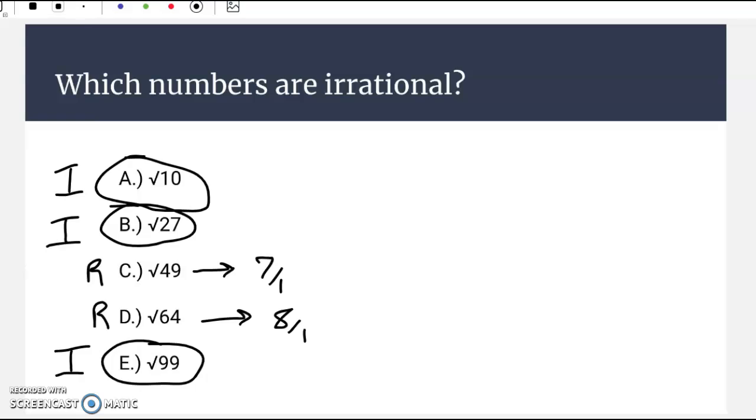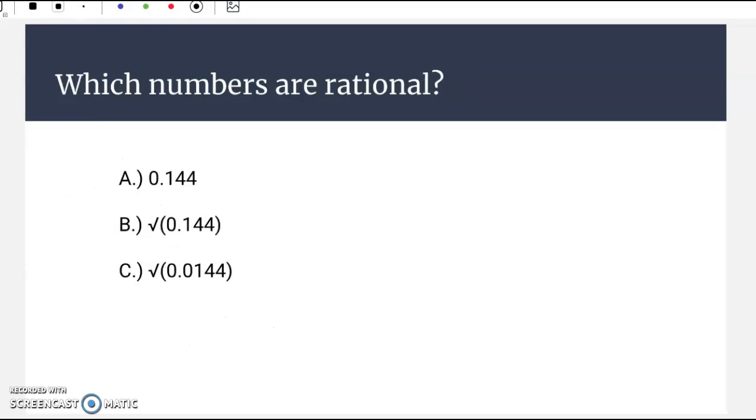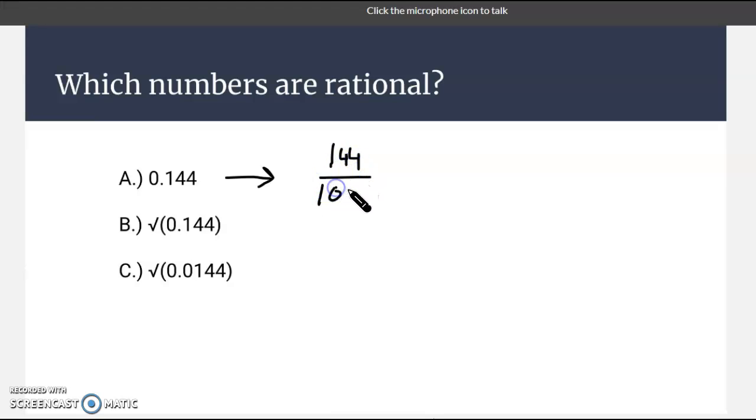Alright, let's look at another set here. Which numbers are rational? This time we're asking which numbers are rational, as in you can write them as a fraction. 0.144 can be written as 144 over 1,000.